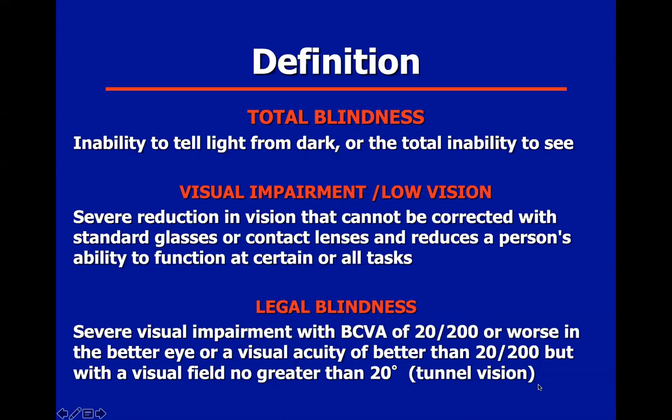Then we go to what we call visual impairment or low vision, and simply it's just a reduction in vision that cannot be corrected with the standard glasses or contact lenses, and it really reduces a person's ability to function at certain or all tasks. So it depends. It can be anywhere.